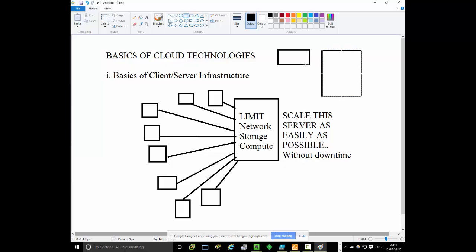Now it's not enough to just virtualize these physical servers. As we virtualize them, we must be able to manage them in such a way that, as clients access services on the servers hosted on them, if there is a need to scale due to load, either scaling the network, the storage, or the compute, we can scale it as easily and as quickly as possible without any downtime.